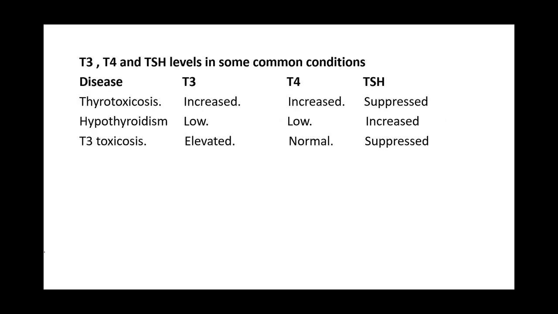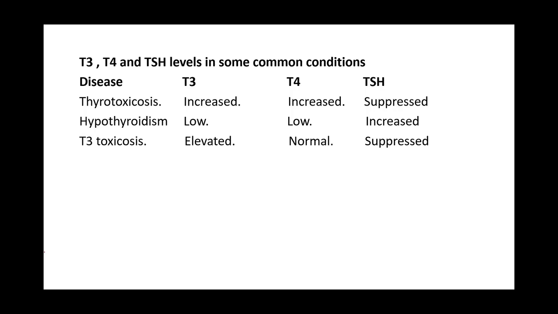So these are the various interpretations of diseases you see. In thyrotoxicosis, the T3 is elevated, T4 is elevated, TSH is suppressed. In hypothyroidism, you have T3 low, T4 low, TSH is elevated. In isolated T3 toxicity, okay, T3 is elevated, T4 is normal, TSH is suppressed.